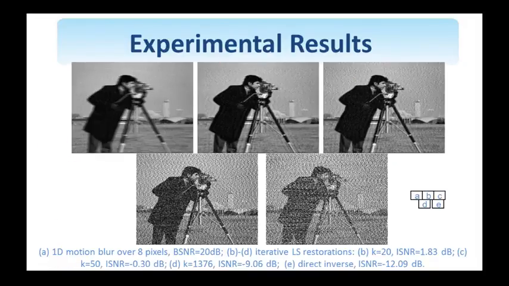So here is the situation in the presence of noise: 1D motion blur over 8 pixels plus 20 dB BSNR. We show 3 restorations by the iterative least squares filter after 20 iterations here, 50 iterations, and at convergence after 1376 iterations here, and the last one is the direct inversion.